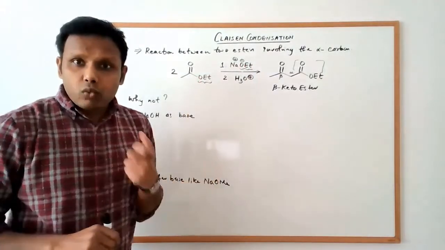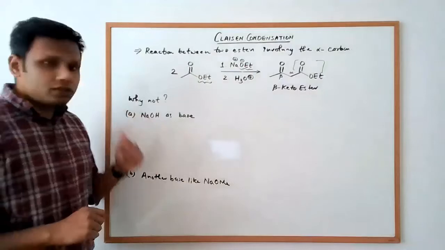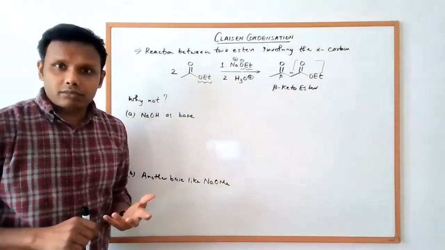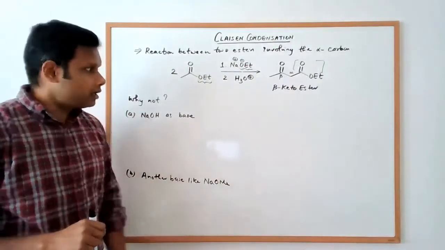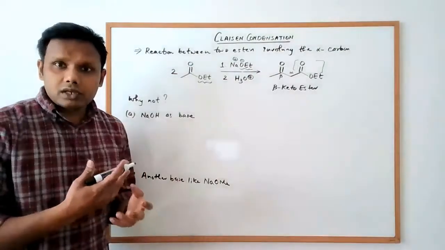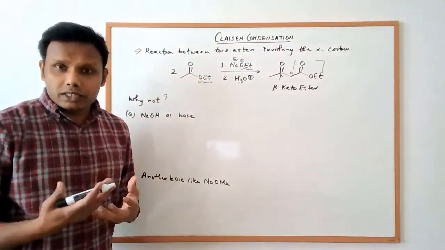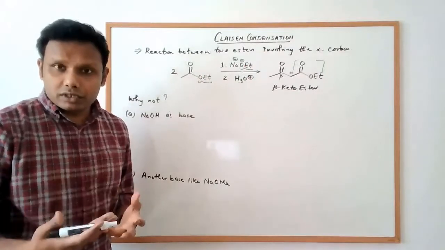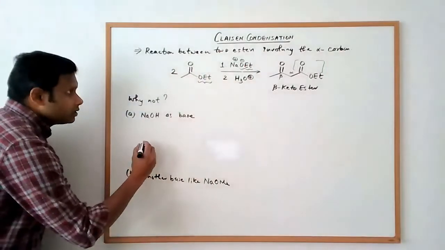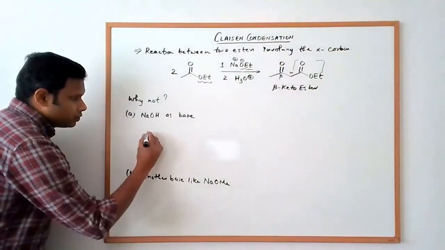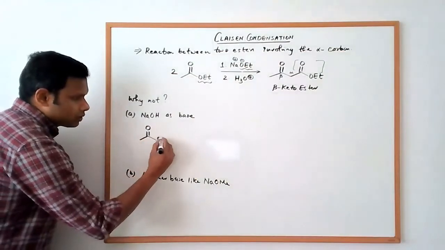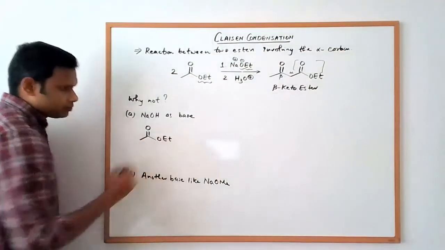Why is that? Why can't we use something like sodium hydroxide as a base? What's wrong with that? Let's look at that. It is based on some understanding of the reactions of carboxylic acid derivatives that we previously know. So let's consider a situation where we are going to use sodium hydroxide as a base.